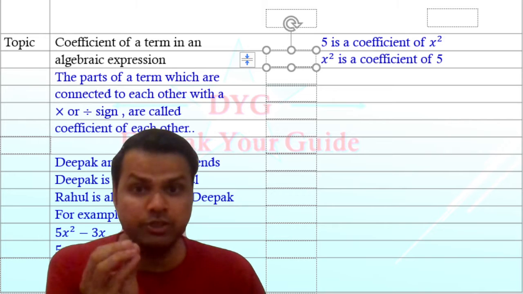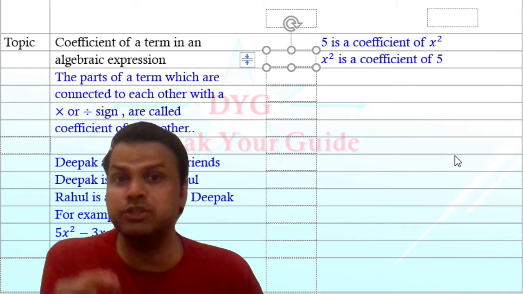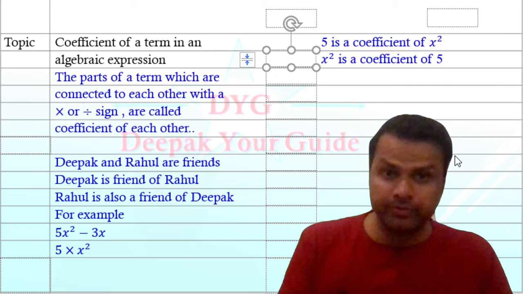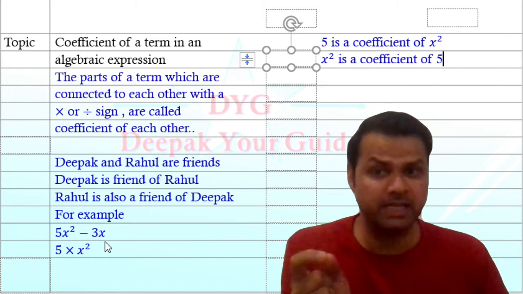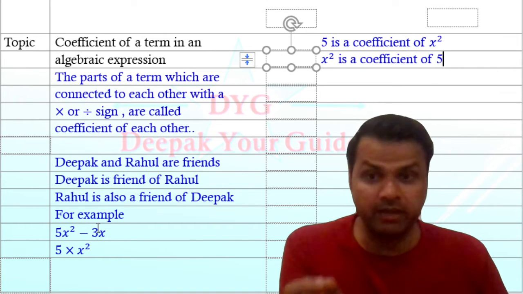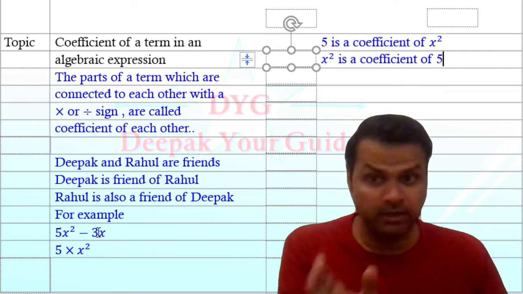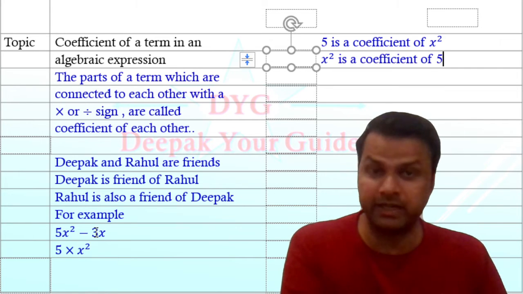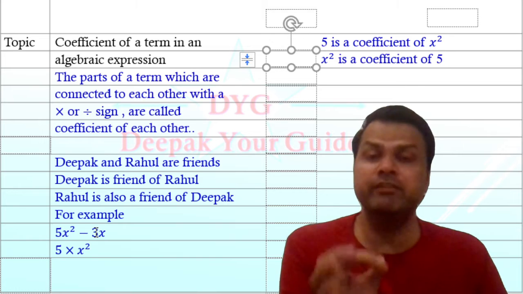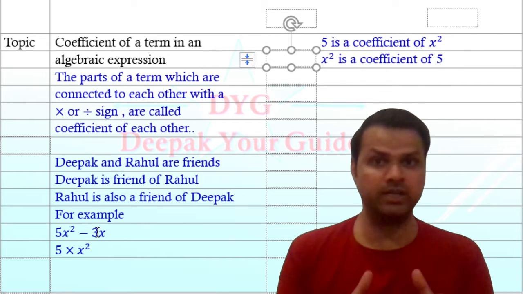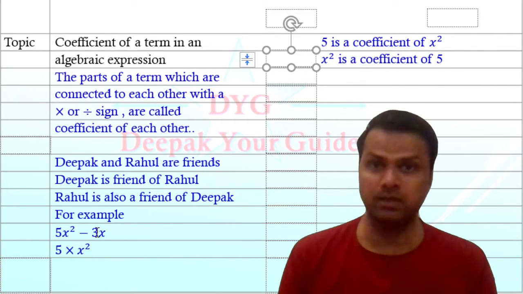This is for an individual term. We are talking about the individual term here. This was the algebraic expression 5x squared minus 3x. We are not talking about the minus 3x right now. We are taking each term individually, because coefficients exist within each term.